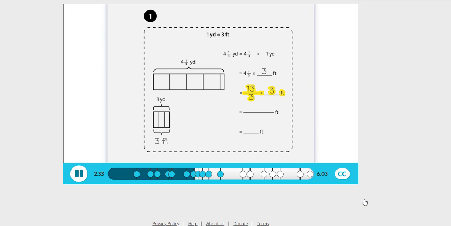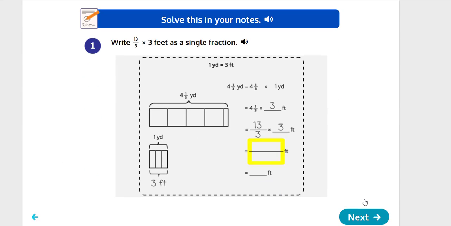Now write 13 thirds times 3 feet as a single fraction here. Okay, so remember, with any whole number, you can also put a 1 underneath it to make it a fraction. And then we're just multiplying across. She's asking us to rewrite this as a fraction.